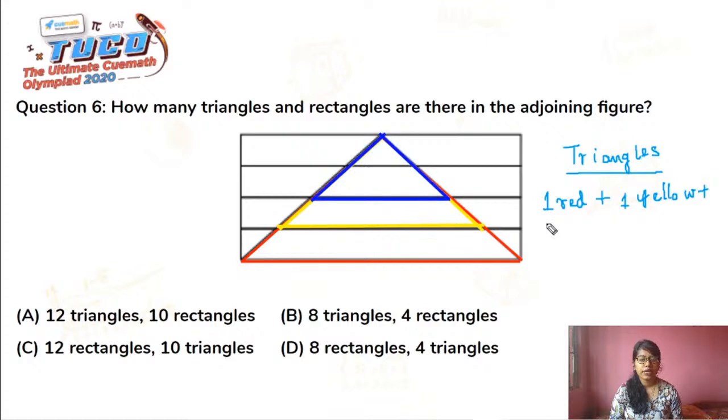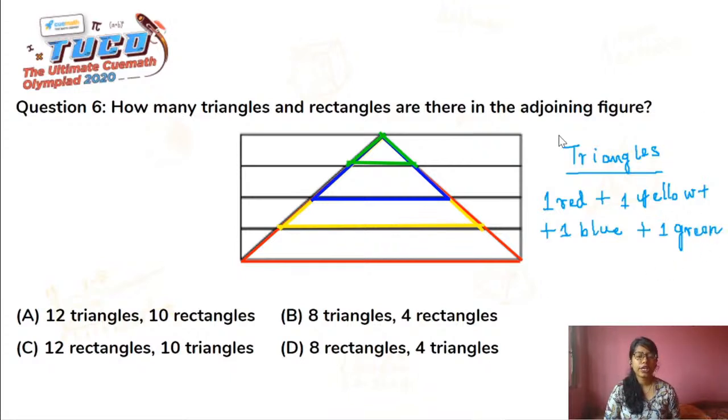And then we have one green as well. So as you can see, using one triangle, I could actually see that there are a lot of triangles in this particular given figure. Inside the bigger triangle, you have a lot of smaller triangles as well. So you have one green as well.